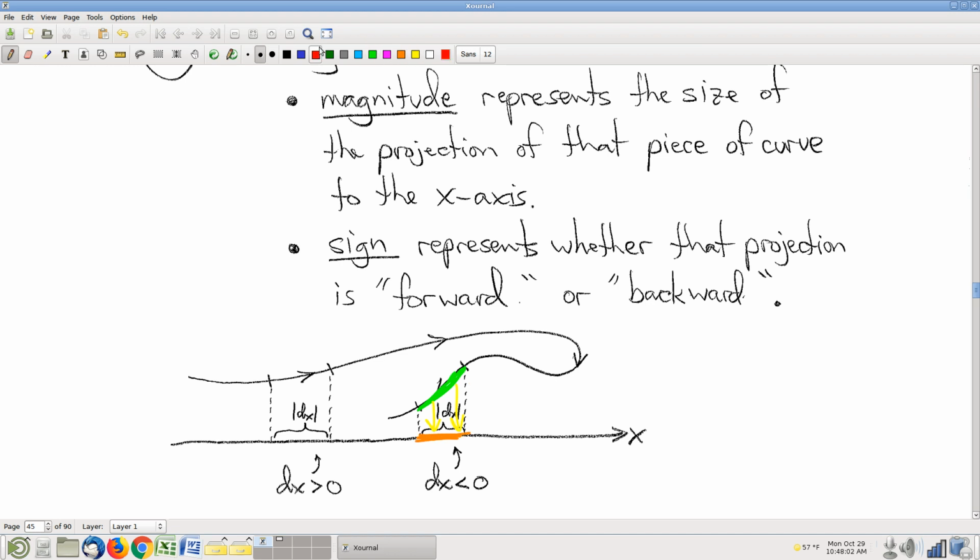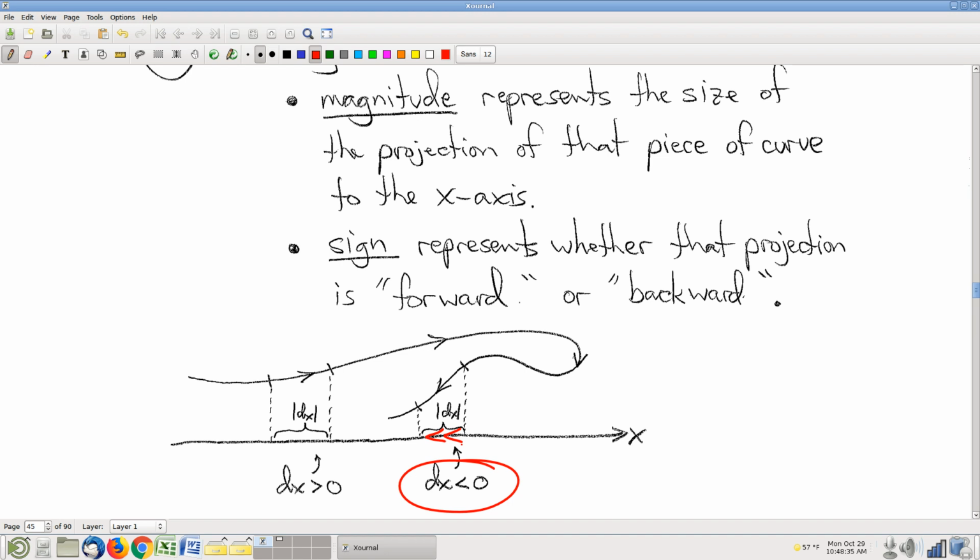But because along in here the curve is going that way, the projection is going that way. The projection is not going in the same direction as the x-axis. It's going in, you might say, the negative direction on the x-axis. So with that in mind, we're going to say that dx has magnitude equal to the size of the projection, and it's negative because it projected backwards.